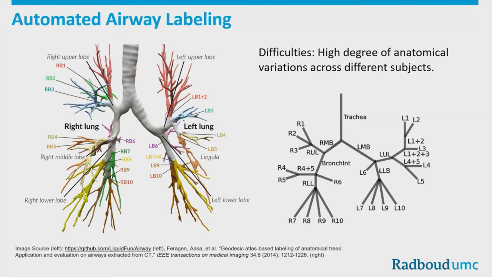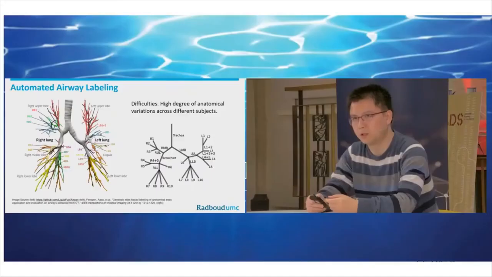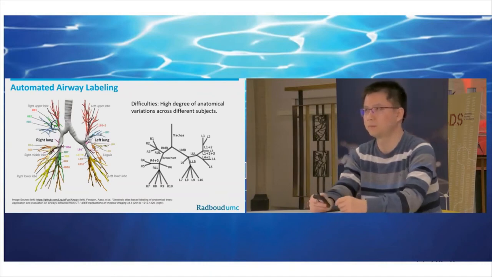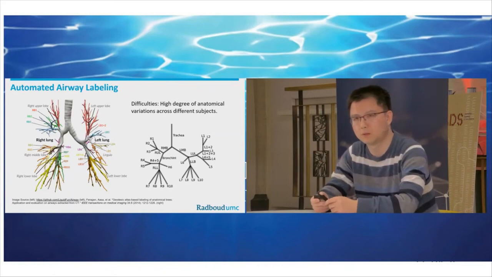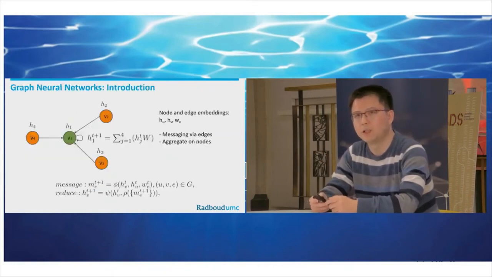There can also be additional branches coming out before it splits to RB1. So we don't know the depth of the tree. We also don't know how many children each node has. So whether it's a trifurcation in the case of the right upper lobe or a bifurcation is not fixed. That is the difficulty of this problem.